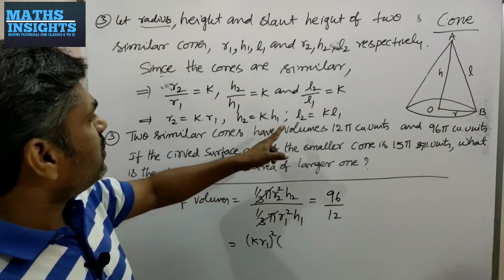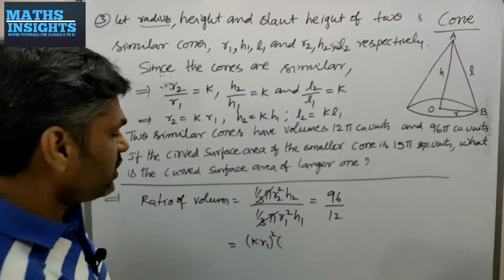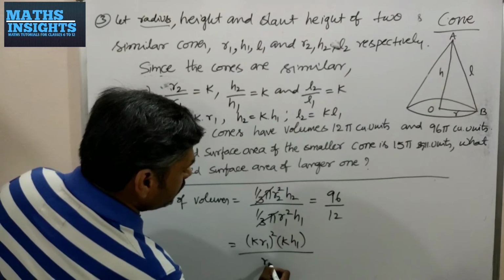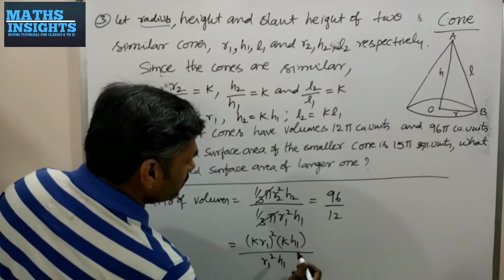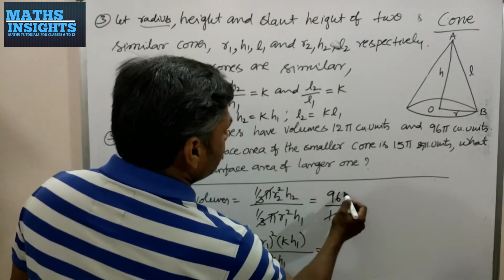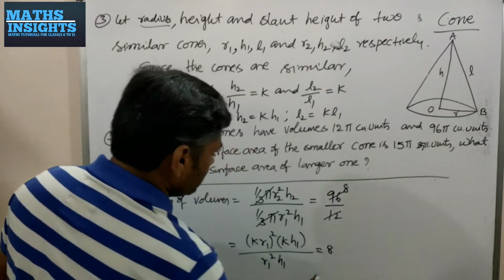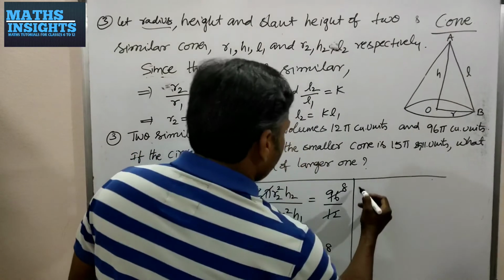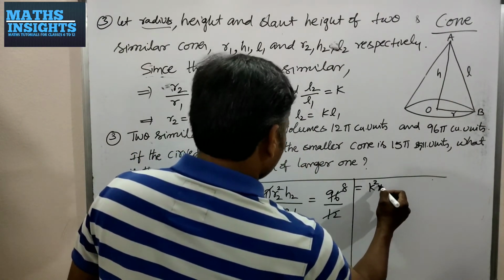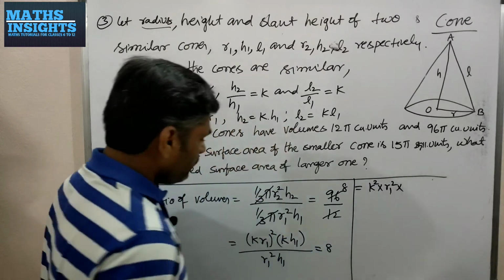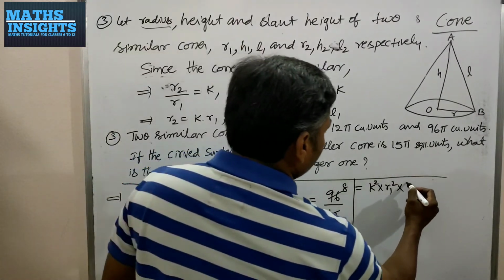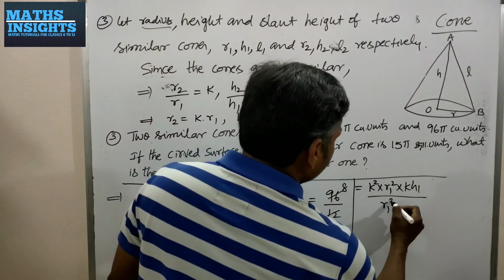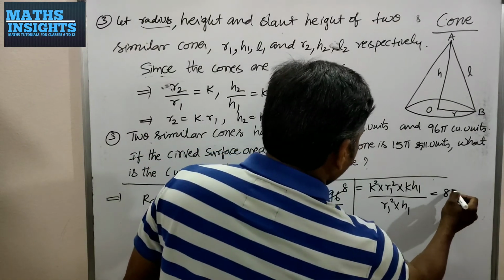Similarly, h2 means, what is h2? h2 is equal to k into h1. K into h1 by r1 square and h1, h1 as it is, and if you cancel 12, 12 ones are 12, 12 eights are, this is 8. So here I will write it as k square into r1 square into k into h1, that is k into h1 by r1 square into h1, that is equal to 8.